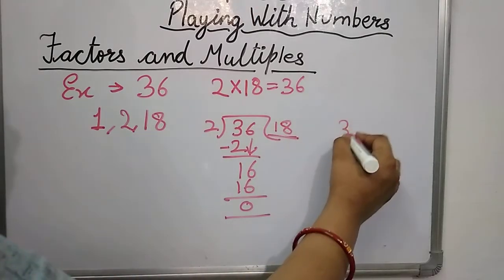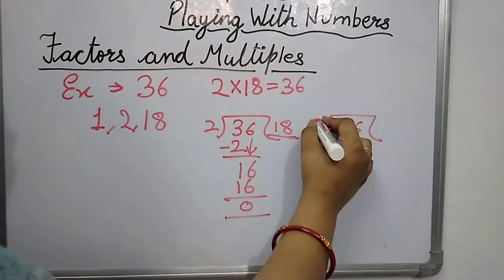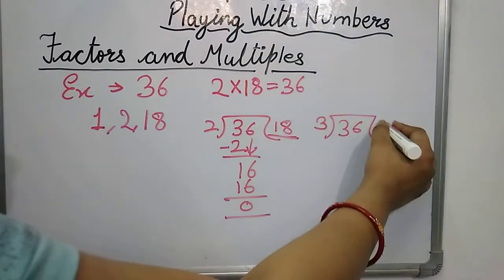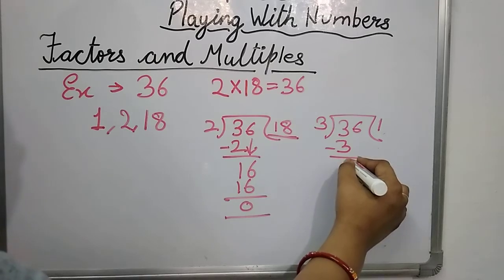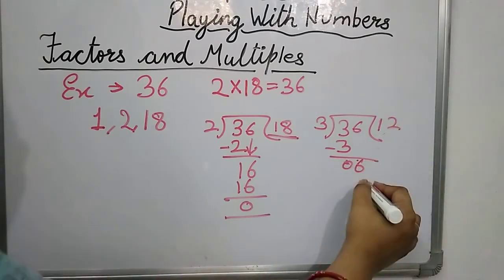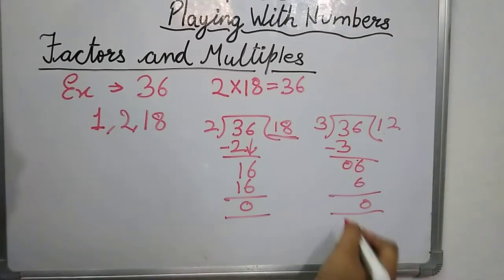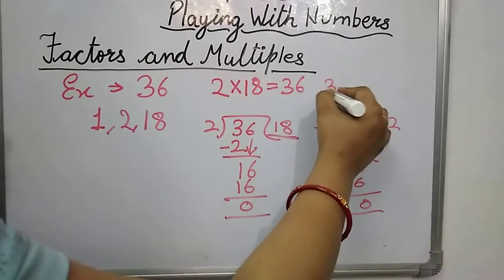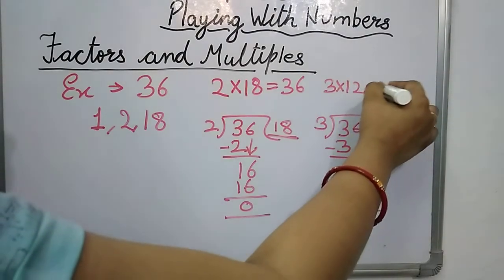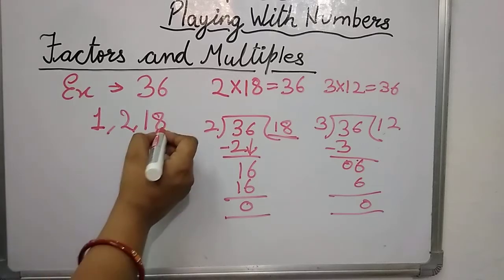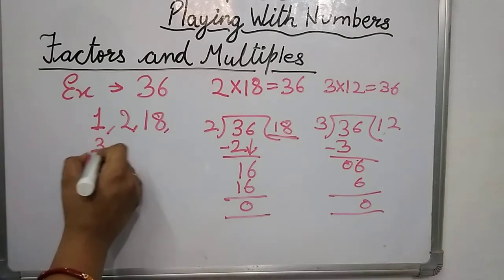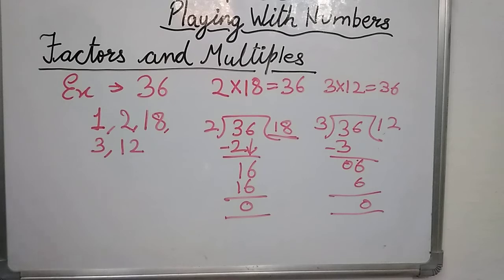Similarly, if you divide 36 by 3, the quotient will be 12 and remainder is 0. So it can be written as 3 multiplied by 12 is equal to 36. Again, we got two more factors of 36. Those are 3 and 12.